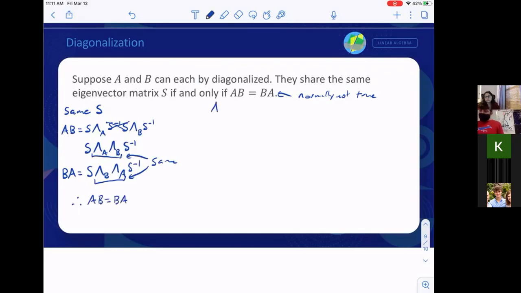If we start with AB equals BA, we can show that they also would have the same eigenvectors.